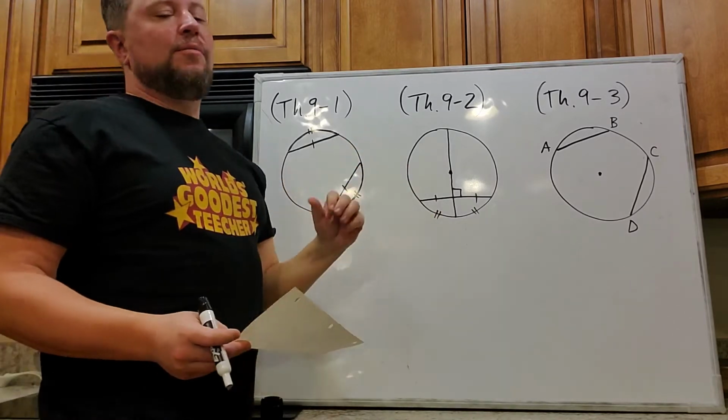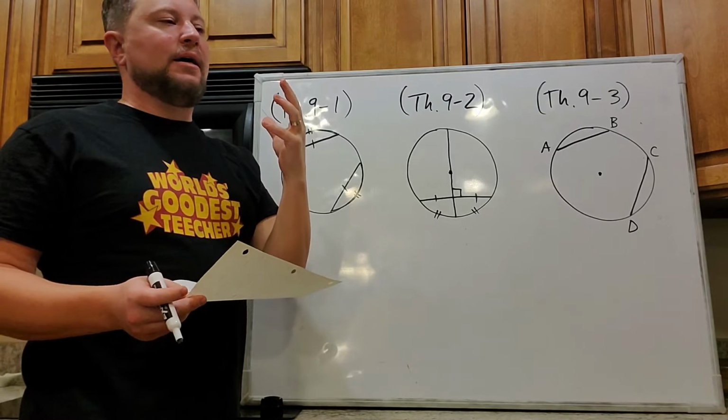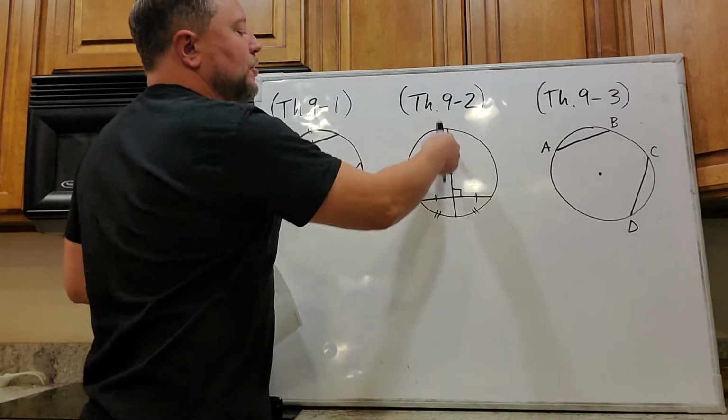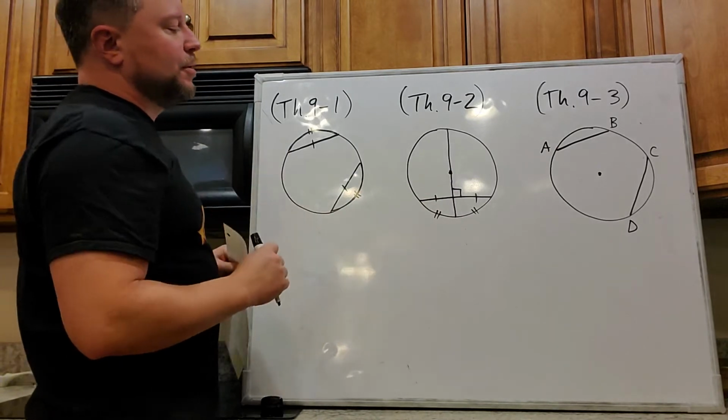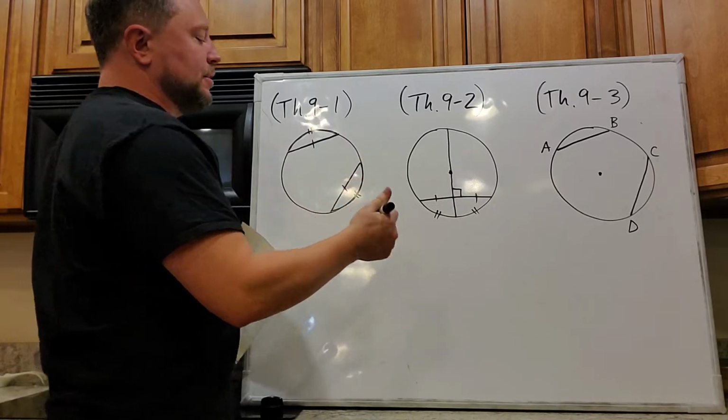Now, when we use Theorem 9-2, we're going to be using a slight variation of it. Instead of having a full diameter, we might shorten that up, and it doesn't even have to be a radius for that matter.